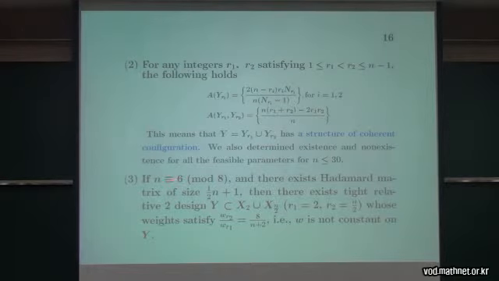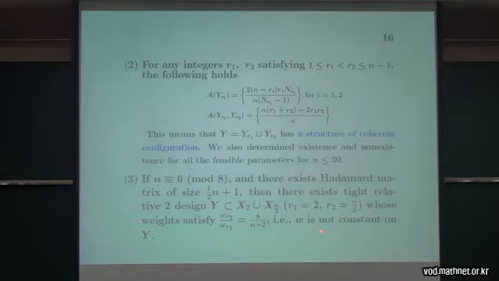If n is 6 modulo 8, and if there exists a Hadamard matrix of size 2n plus 2, then there exists a tight relative 2-design with r1 equal 2 and r2 equal n over 2, whose weight is non-constant.